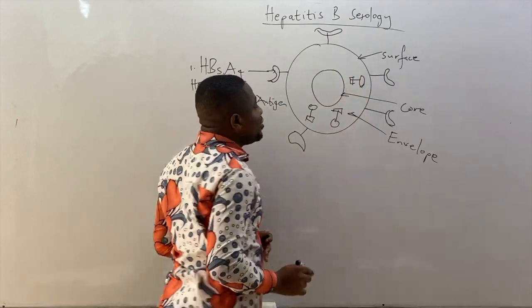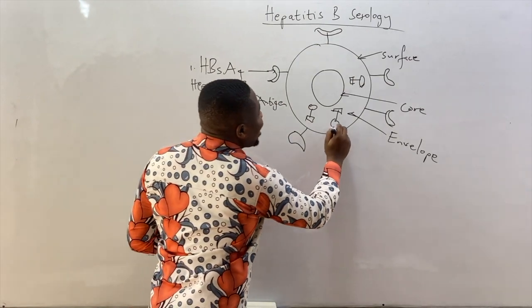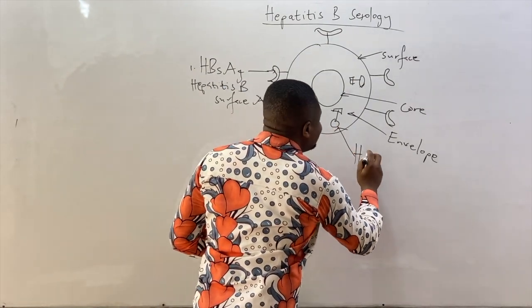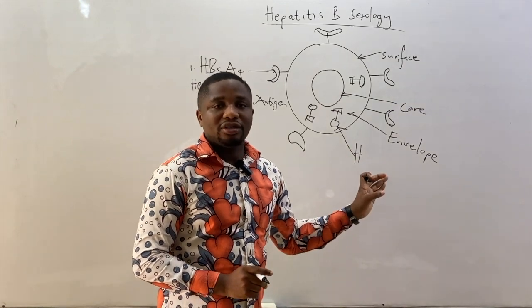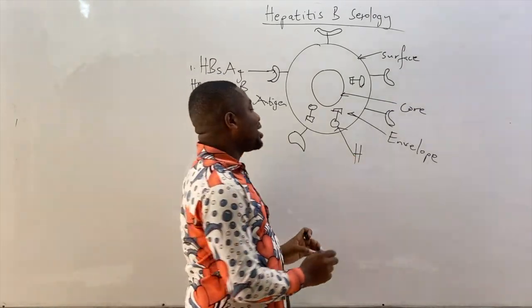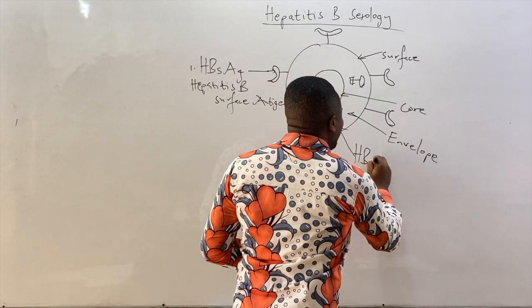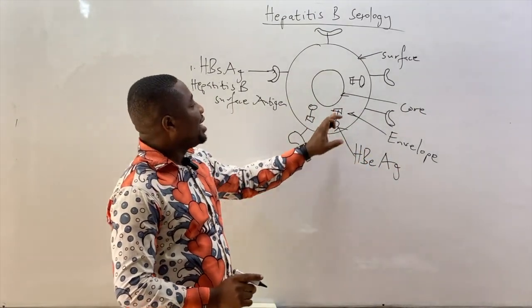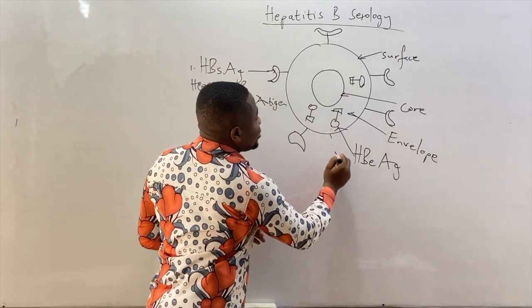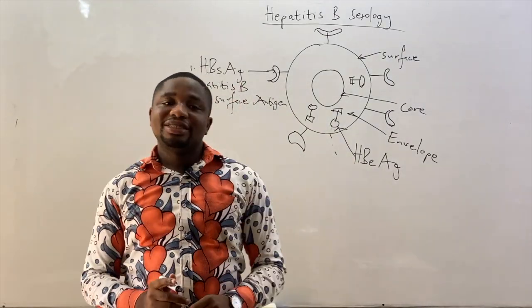So antigens within the envelope, we'll be regarding them as hepatitis B envelope antigen, or we can also refer to them as hepatitis B escape antigen. Why are we saying escape? Because they are able to escape into the blood.